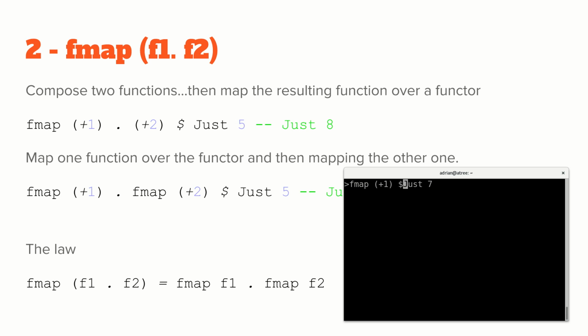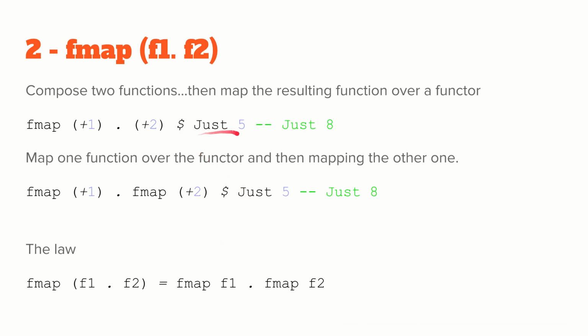I forgot the dollar. That will return just 8, which is the same as up here. So in this instance, our maybe type and the definition of its functor satisfy the 2 laws.